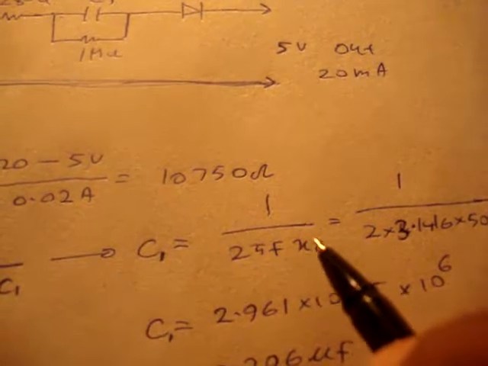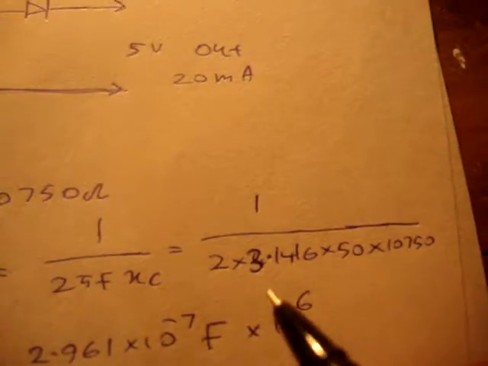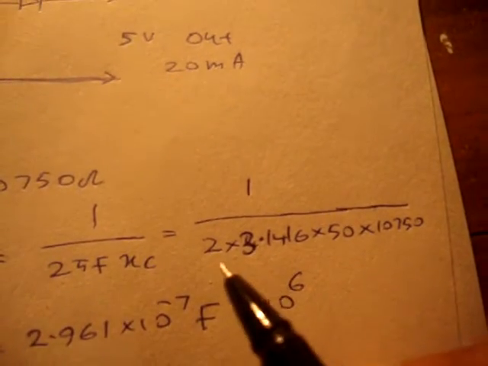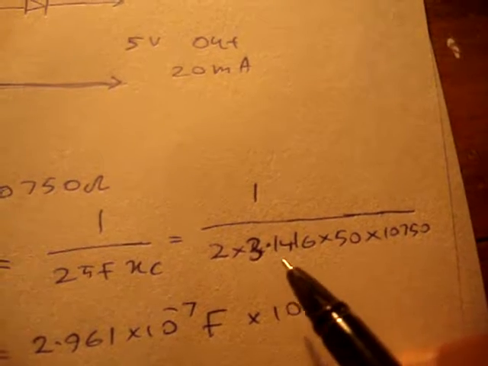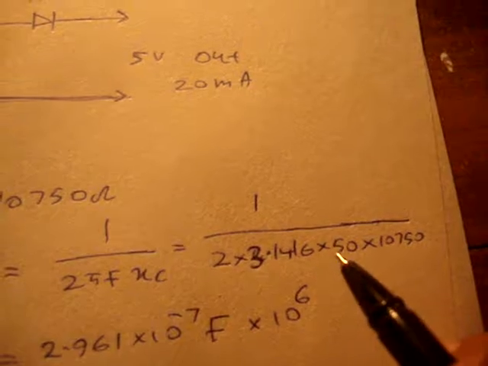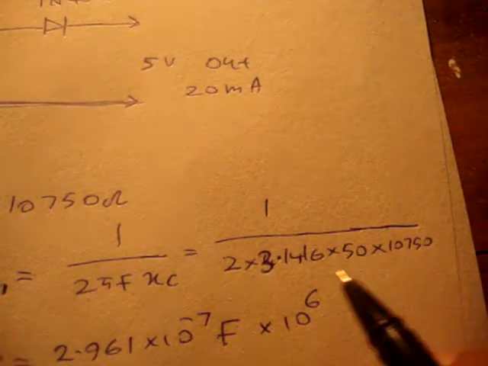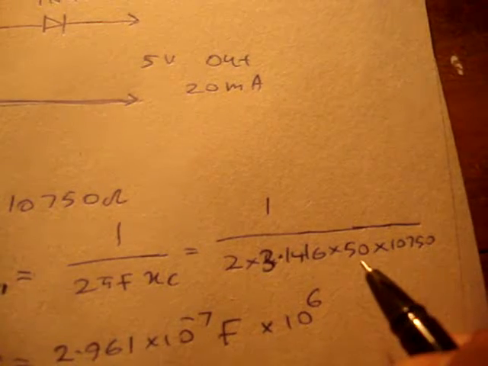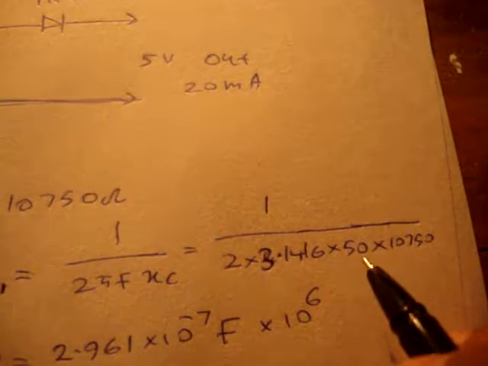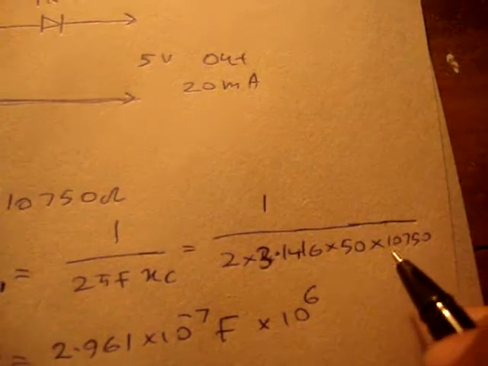Xc is the capacitive reactance. Adding those values to this equation, 2, this is the value of π, 3.1416, and this is the frequency f I taken from the supply, 50 Hz, and this is the capacitive reactance I calculated here.